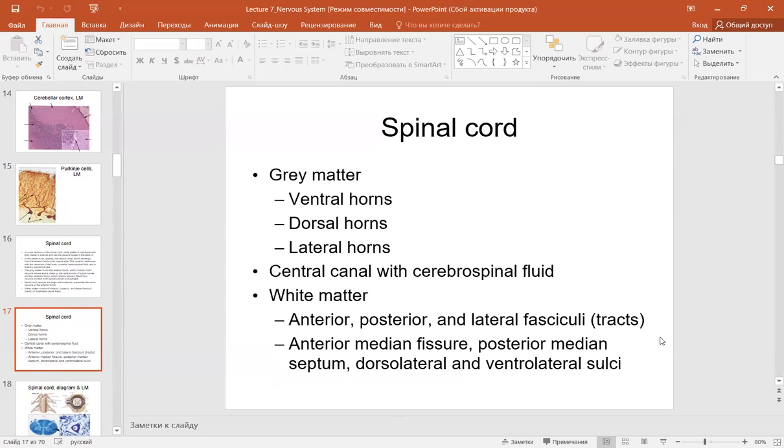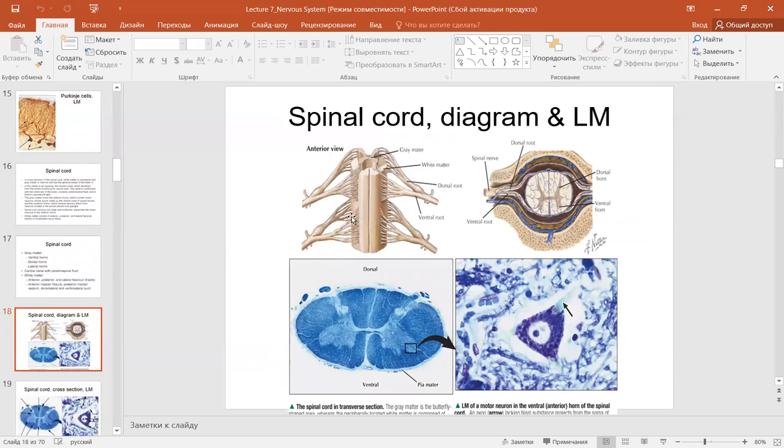This is the schematized version of the structure of spinal cord. This is the view, the gray matter with butterfly configuration, the dorsal root with spinal ganglion or dorsal root ganglion, the anterior horns, posterior horns.